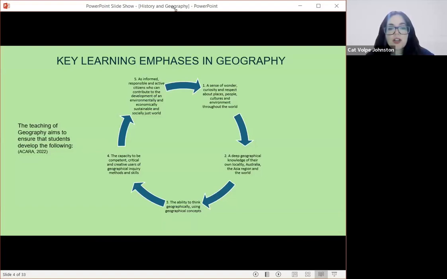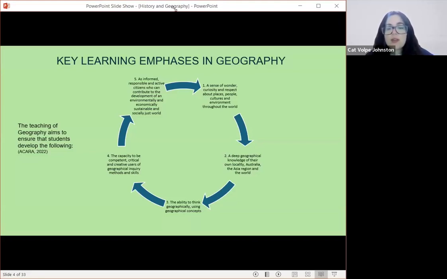The aims of teaching in geography are to develop the following: a sense of wonder, curiosity, and respect about places, people, cultures, and environments around the world. We also want students to develop a deep geographical knowledge of their own locality, Australia, the Asia region, and the world. We also want students to be able to think geographically, using geographical concepts.